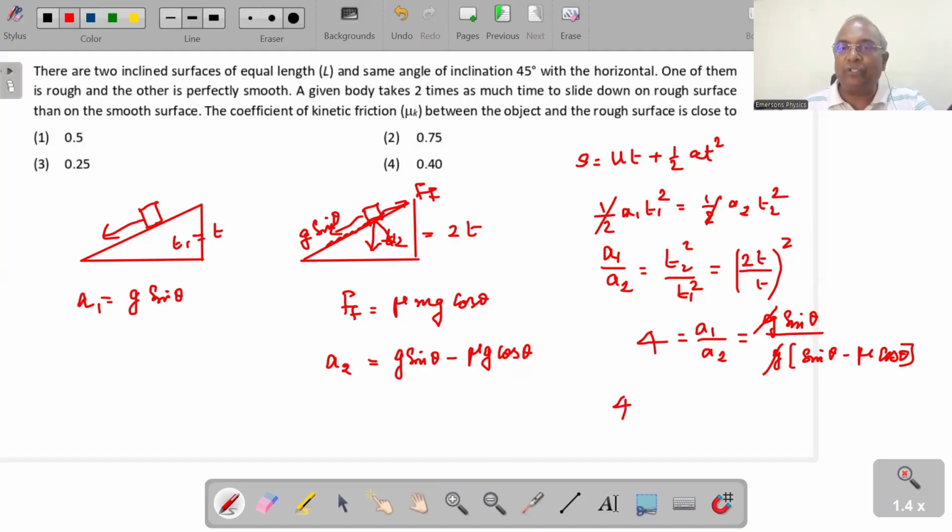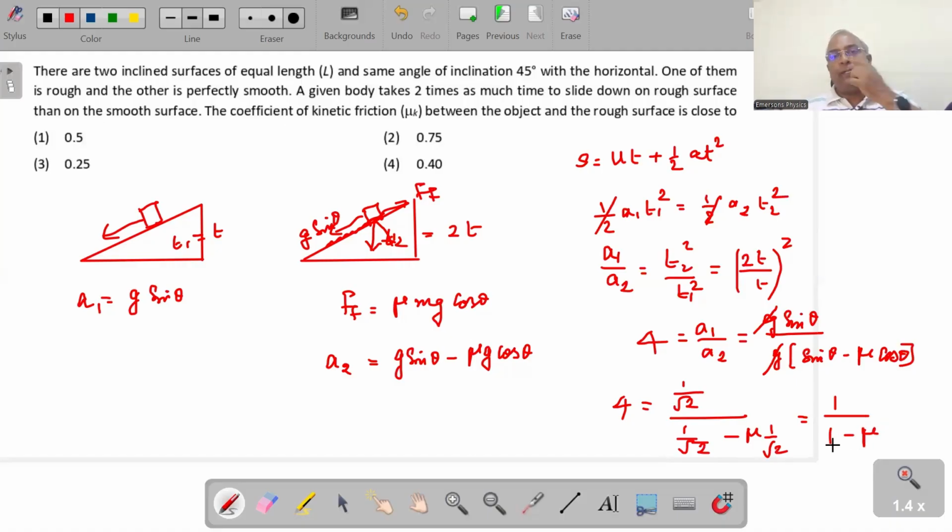The 4 will be equal to sine 45, 1 by root 2, divided by sine 45, 1 by root 2, minus mu cos 45, 1 by root 2. Definitely all the 1 by root 2 can be taken out and cancelled. It will become 1 by 1 minus mu.